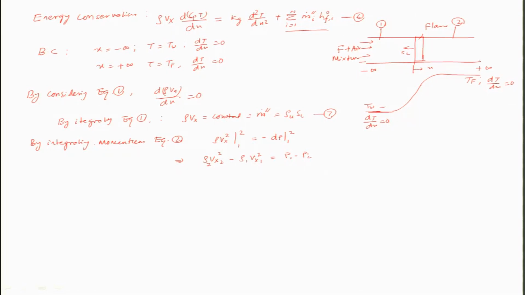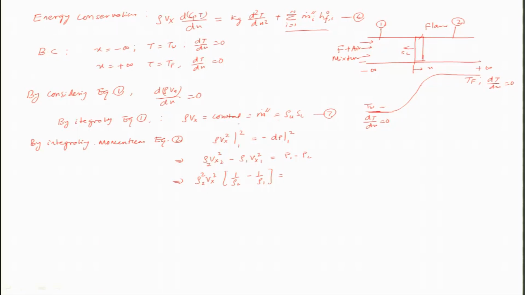I have already done this when talking about detonation or combustion wave analysis. That is nothing but rho 2 Vx2 square is equal to 1 by rho 2 minus 1 by rho 1, because I am taking rho 2 here and multiplying.